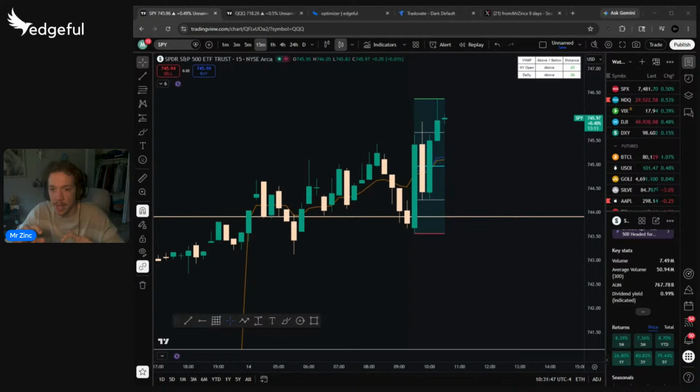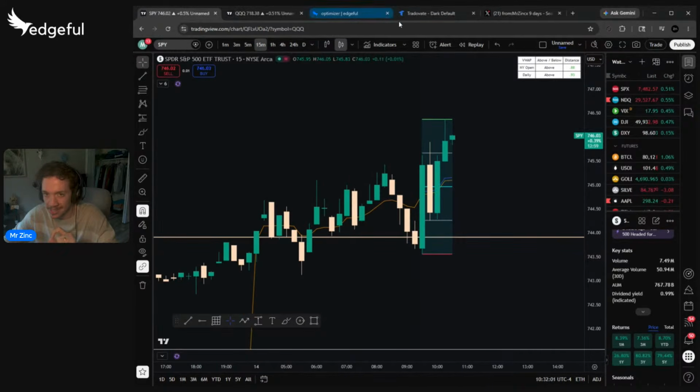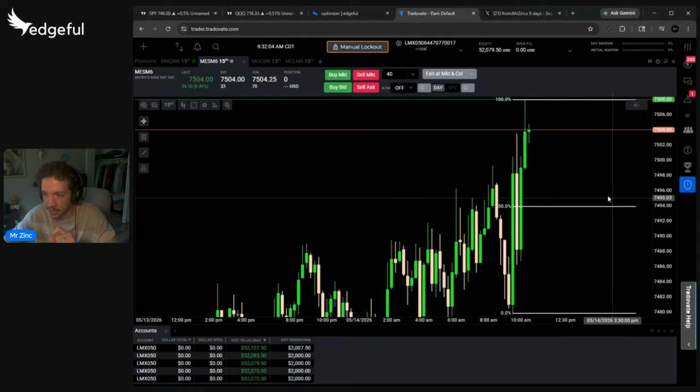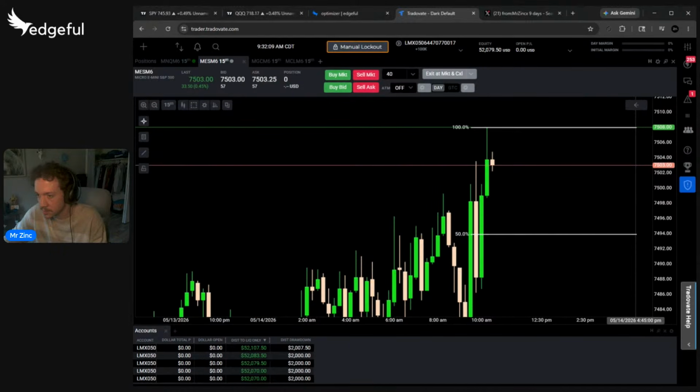Because we're so high on ES right now and SPY, for ES to move up equal to what SPY is doing, SPY needs to now move up 8 cents, 8 to 10 cents. So every 8 cents that SPY moves up is a tick on ES. If we're watching ES right now, we can see that it's only moving one point, really.